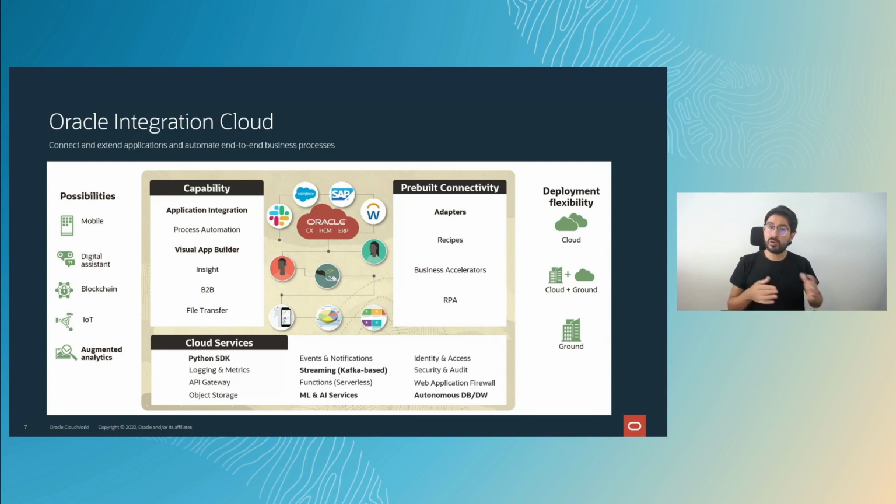When you combine Oracle Integration together with these other cloud services, this is where we can add a lot of value to our solutions and provide this kind of real-time sentiment analysis dashboard that could help you give better customer service and create targeted campaigns.